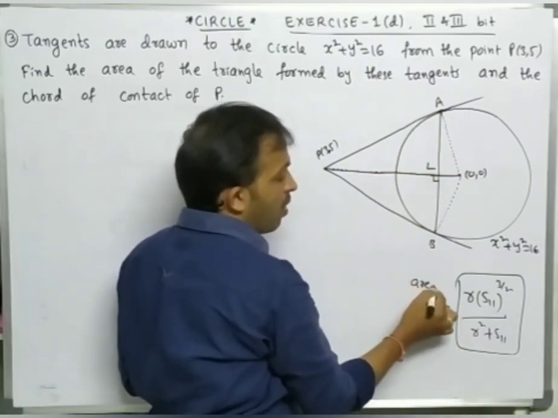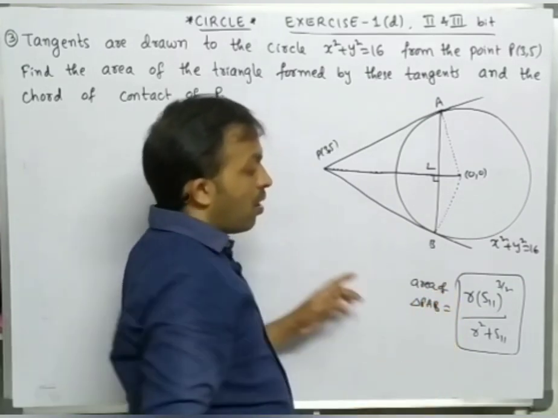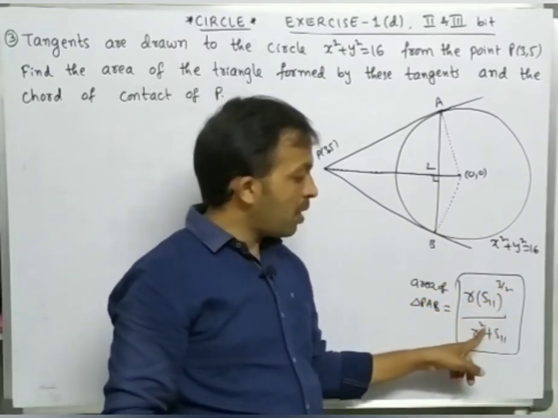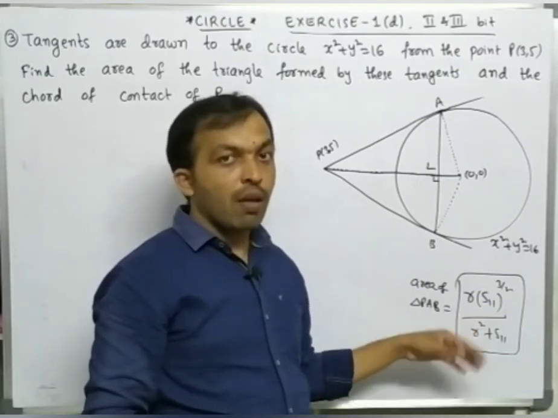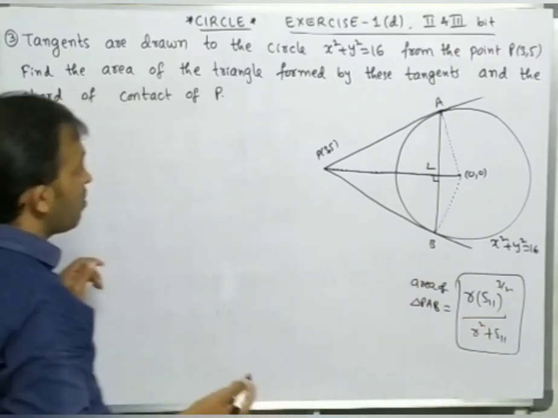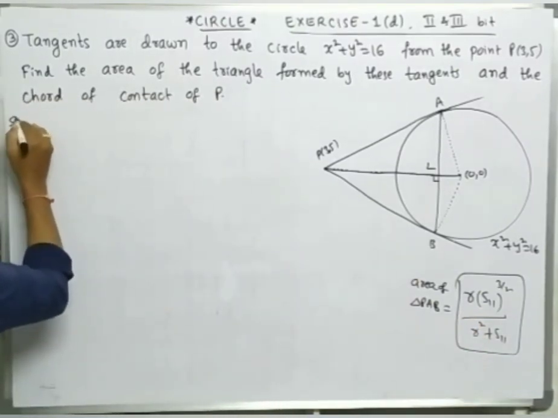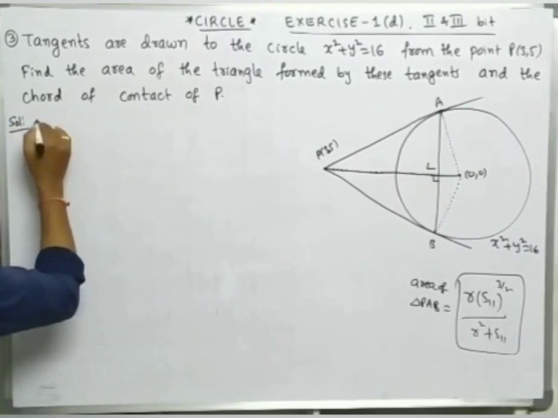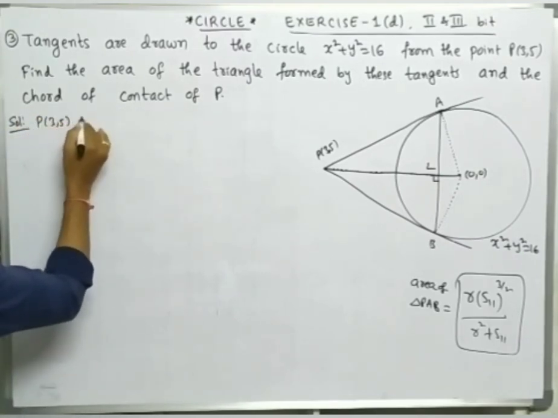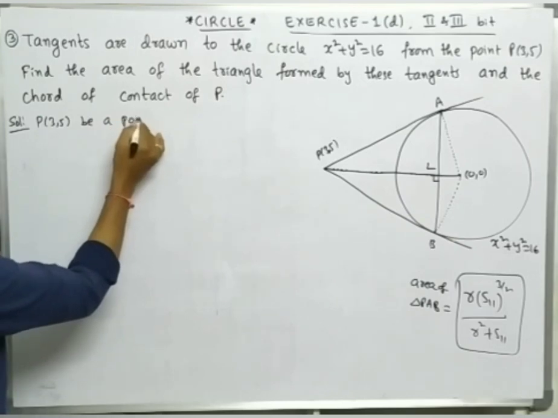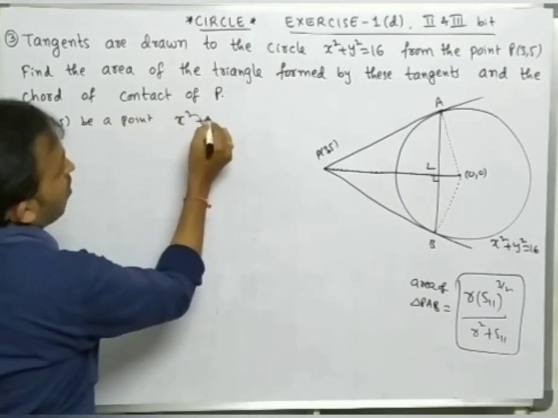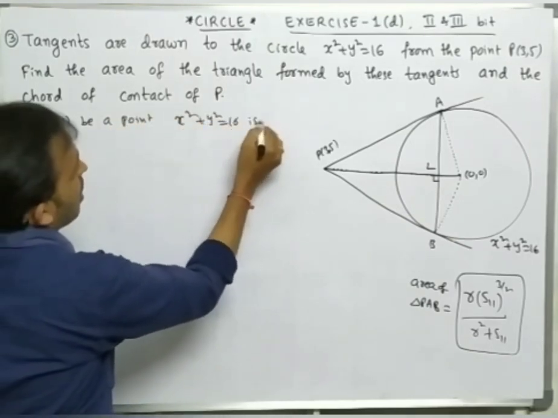We have a direct formula, R into S11 power 3 by 2 by R square plus S11, but here, by using the concept, we will solve this problem. P(3, 5) is a point and x square plus y square is equal to 16 is a circle.